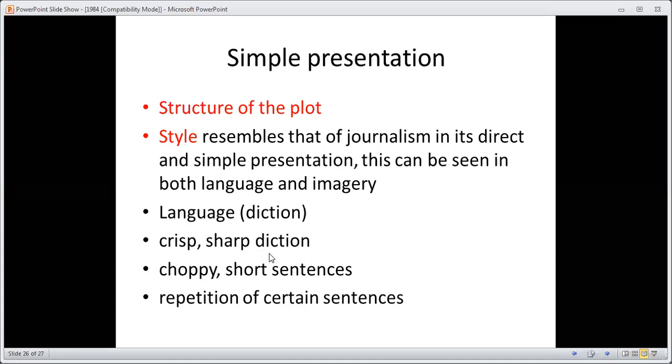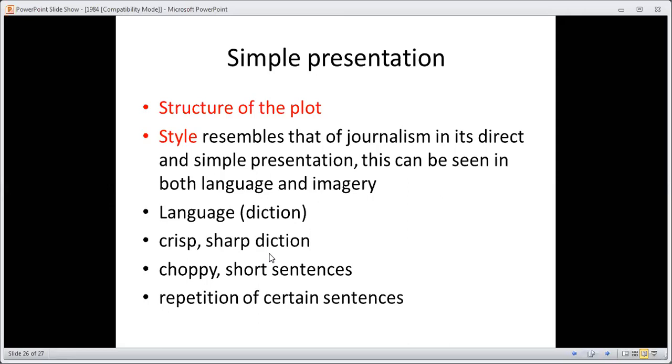In a newspaper, it is not difficult. But you will find that the language is new, with sharp diction. This is why we call it crispy. And the language is not a long one. He's using short sentences, and this is why we call it a choppy language. It is also characterized by a repetition of certain sentences.